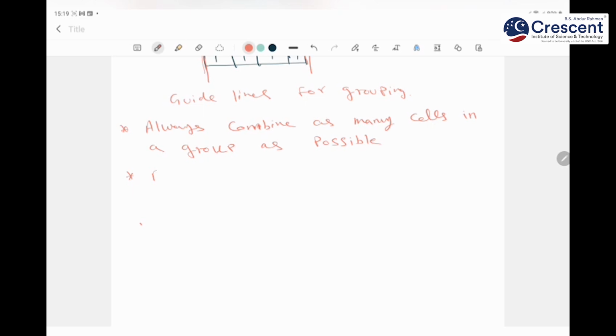So make as few groupings as possible to cover all the terms. The number of groups should be as small as possible.